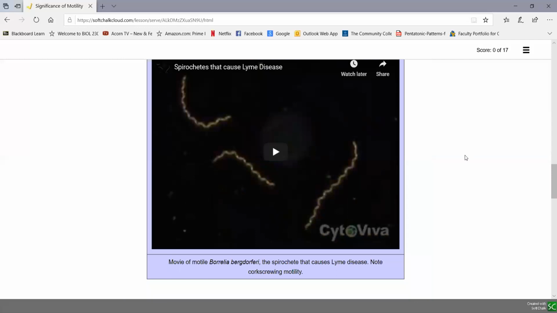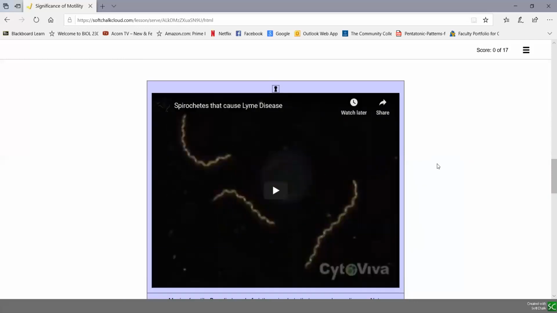And here we see a spirochete under dark field microscopy, where you can see the tip and the corkscrewing motility. This is actually an ad for something called Cytoviva, which allows the spirochetes to jump out a little bit more under dark field where you can see them better, but in either case you'll see the corkscrewing motility here.